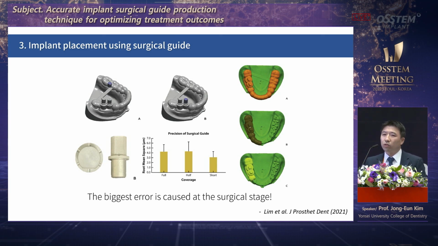This is a scan body, which we devised in order to assess the accuracy. We attach it to the sleeve. The inaccuracy of the surgical guide is less than what is thought. When 3D printed before surgery, you can see that the guides are mostly quite accurate.